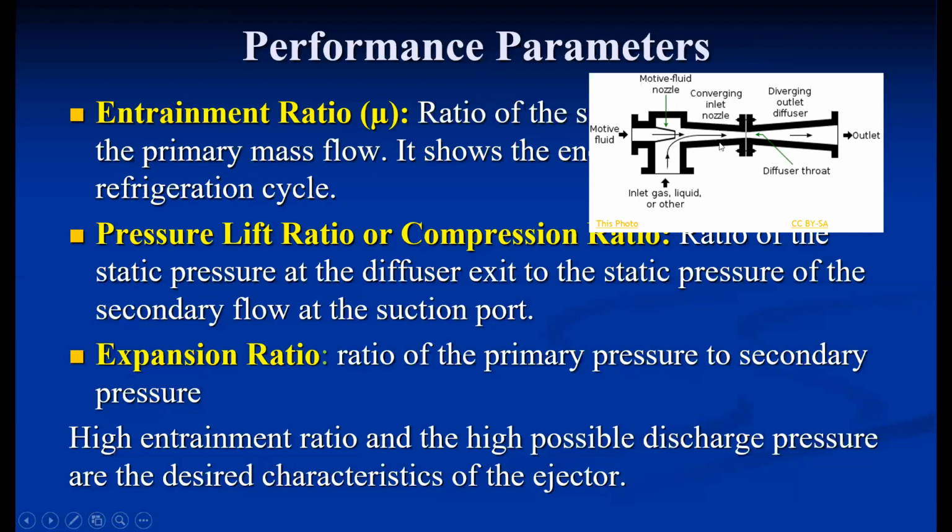High entrainment ratio means more fluid is being entrained, more fluid is being sucked. So the suction of the secondary fluid and the compression of that secondary fluid are the main desirable parameters of the ejector. That is the main role of the ejector, to suck the refrigerant and compress it. The same is the role of the compressor. So these are the performance parameters.